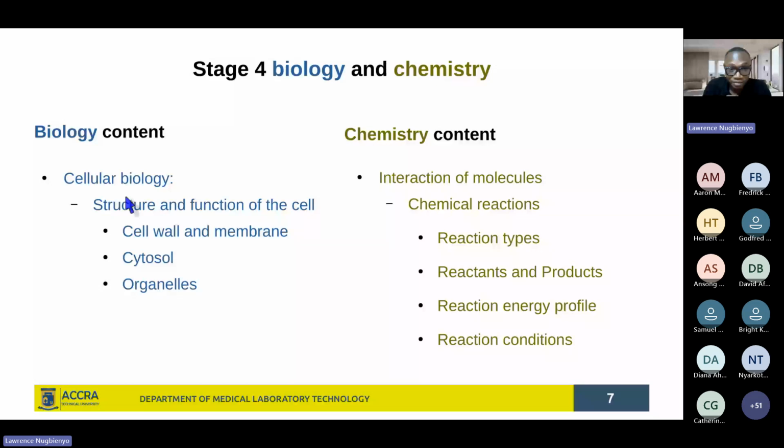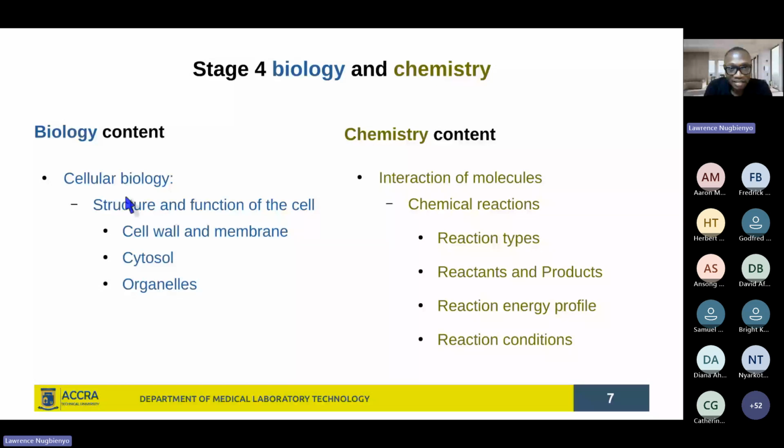You remember you studied things like you have reactants that will require something like activation energy to get to a transition state before a product is formed. What are the conditions for a reaction to occur? Is a reaction going to occur in an acidic medium, or is it going to occur in an alkaline medium? You pay attention to these things at this level.